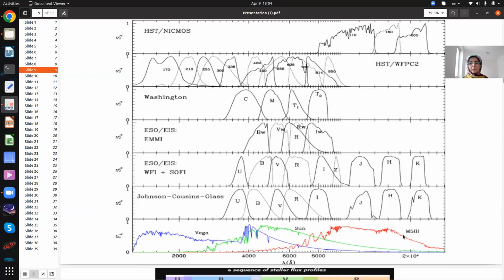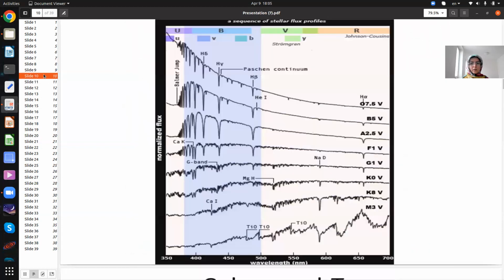And then we have M5, which is a cooler star, and mostly it is in the infrared region. Here, for example, we have the Johnson-Cousins photometric system, or Strömgren and others. You see different kinds of spectra, lines, and Paschen continuum, for example.